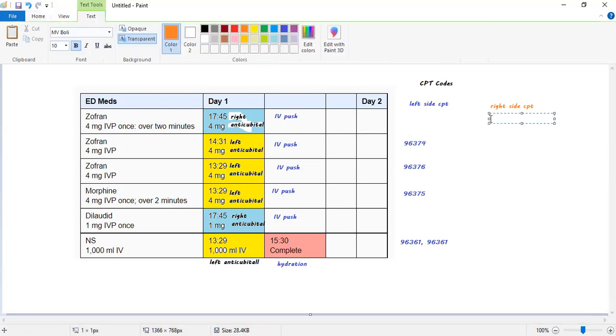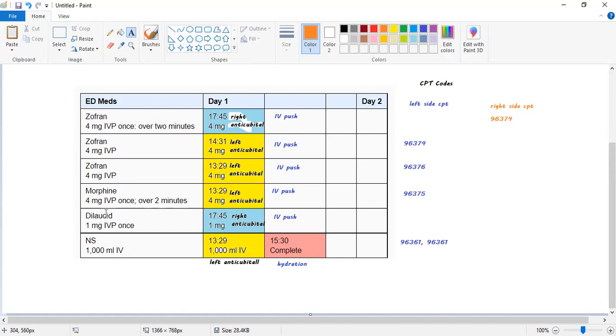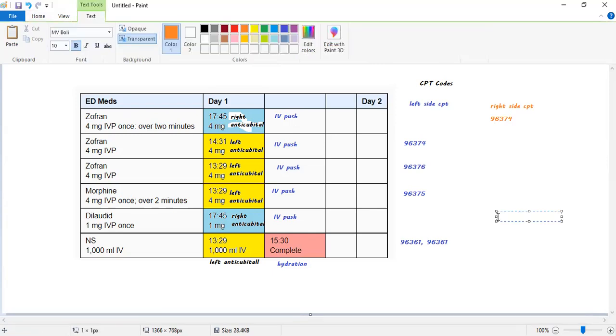This is IV push, so 96374, because this is again 96374 we are coding, as this is the right side, a different structure. And another CPT, another blue one, Dilaudid. This is again an IV push of a different drug. This was Zofran, and now this is Dilaudid, so we will code it 96375, right?